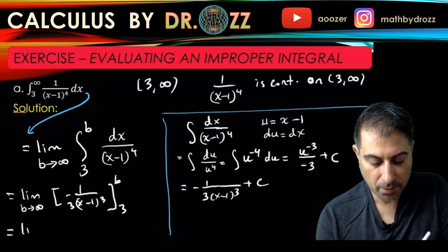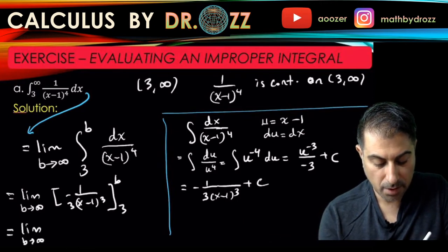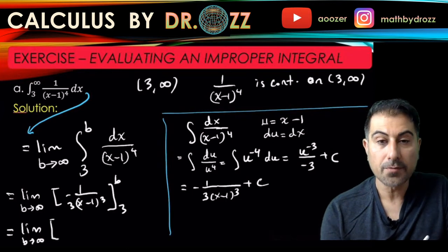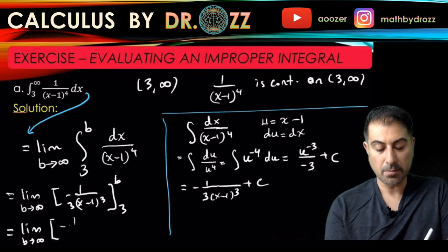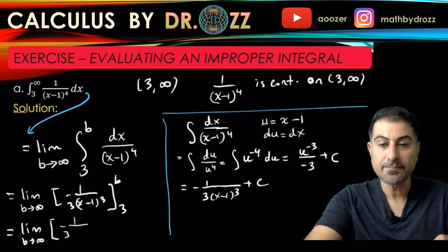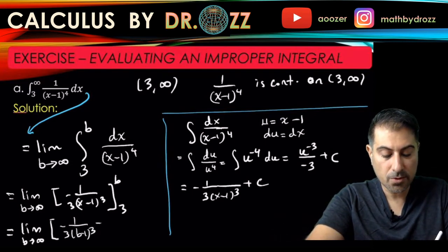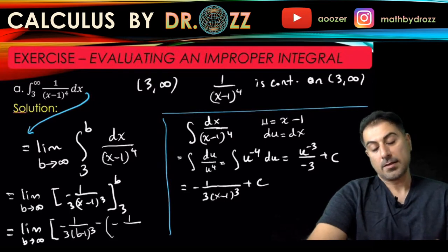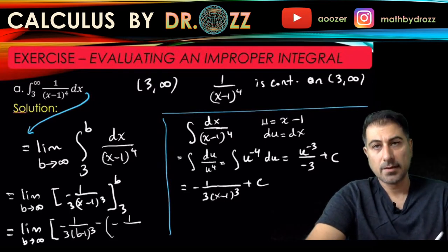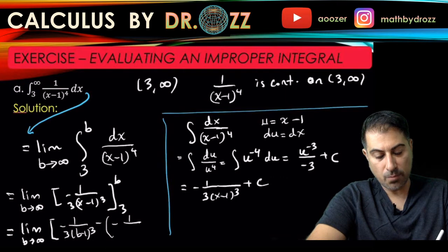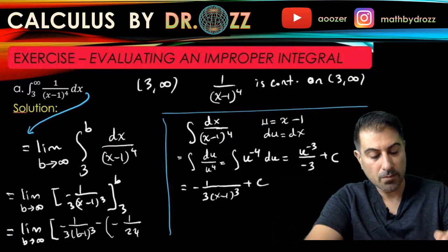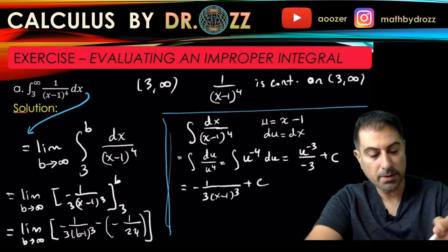So plugging in the upper limit yields minus 1 over 3 (b minus 1) cubed. Okay. Minus 1 over, when you plug in 3, that's 2 cubed, that's 8, so 24. Okay. Let me just clean this part a little bit.